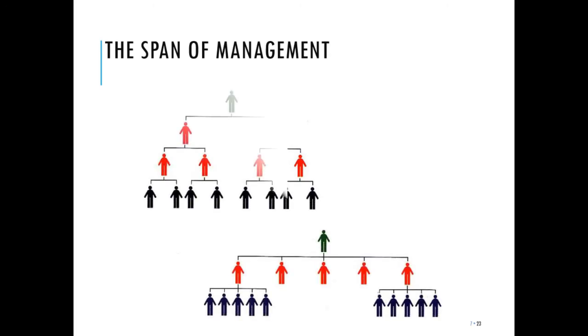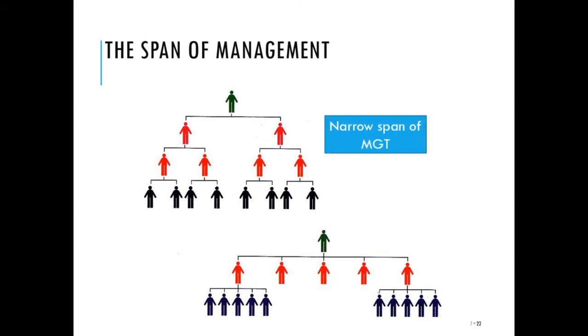Of course, there is no simple answer, but the span of management refers to the number of subordinates who report to a particular manager. Here, the figure on top refers to a narrow span of management, and it means that a manager directly supervises only a small number of subordinates, like in this graph.